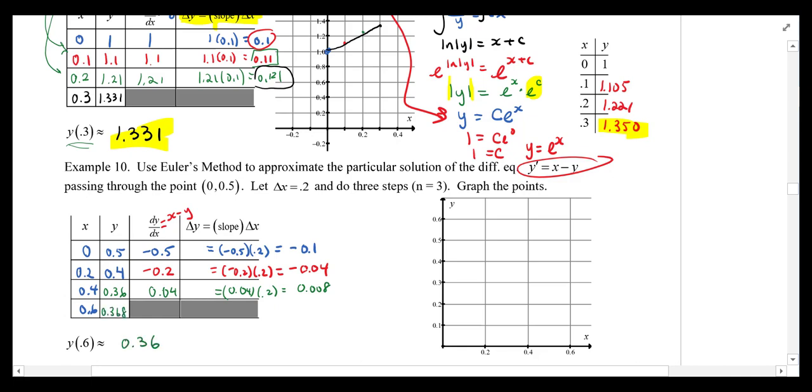So my final approximate value of y when x is 0.6 is 0.368. Okay. And once again, you should plot the points. So 0, 0.5, 0.2, 0.4, 0.4, 0.36. And then notice at 0.6, it just goes up a little bit.